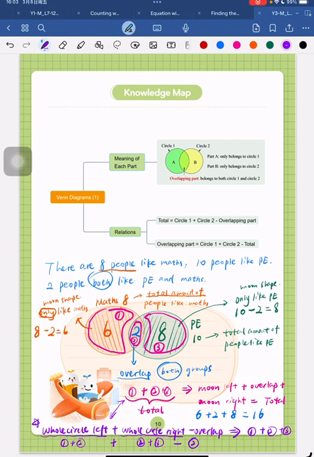That's why we need to take away the overlap. So when you calculate this question, that will be 8 plus 10, take away the overlap, 2, which is 16. So these are the differences between these two methods. But obviously, whichever way is correct, you can use one to help you figure out the answer and the other to help you check your answer.